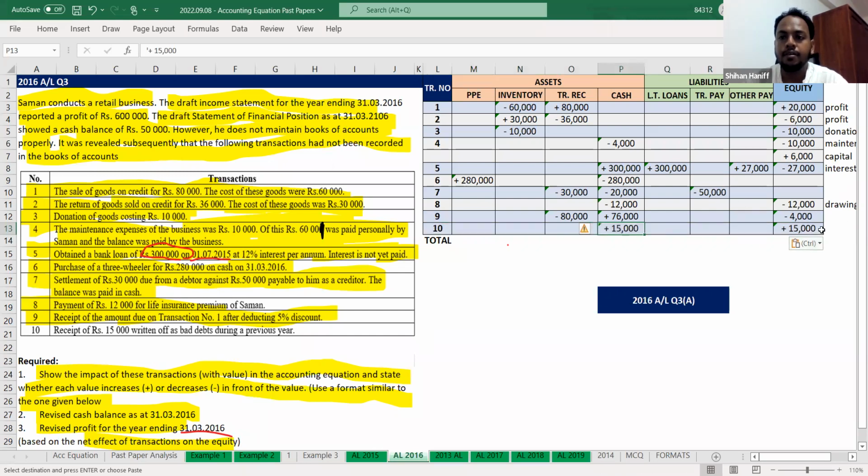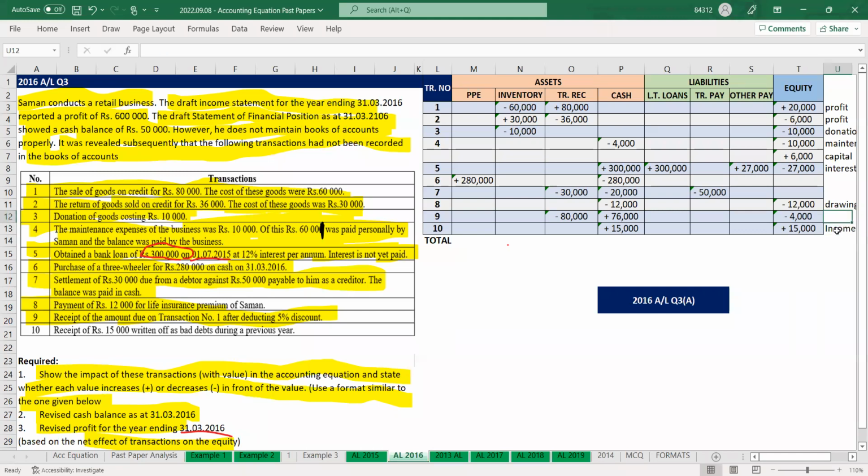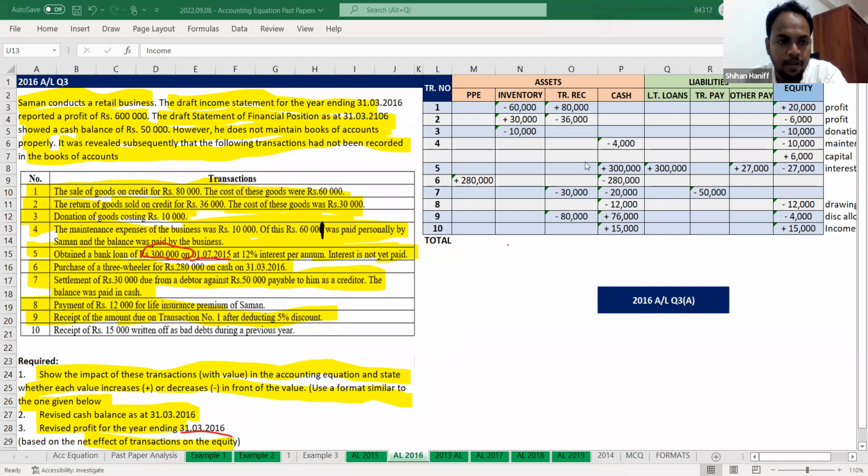Cash increase and it is considered as an income. And there is a question. Now you all can complete this.